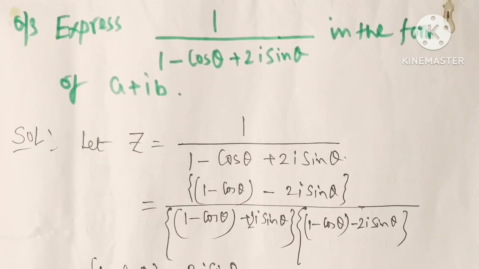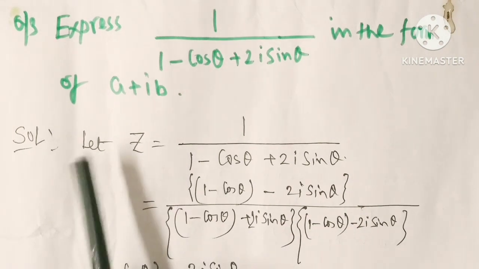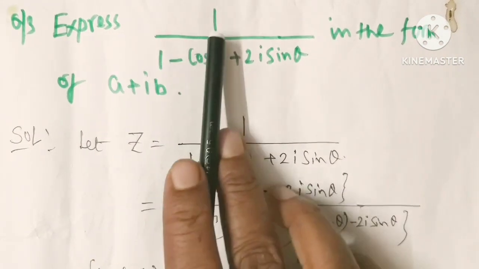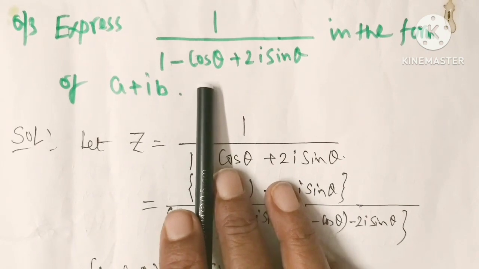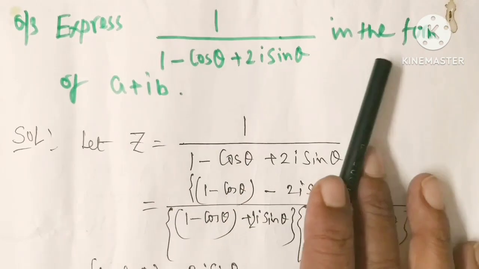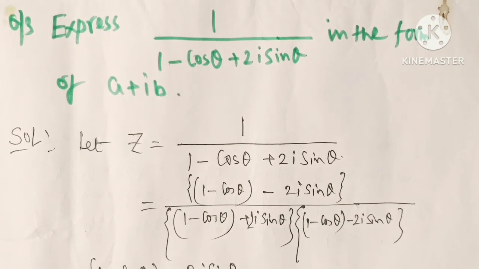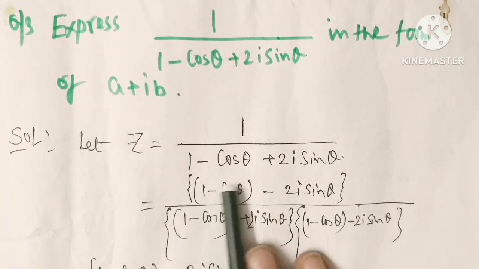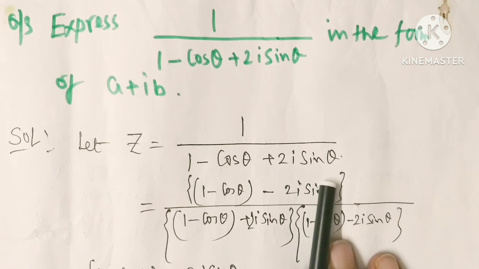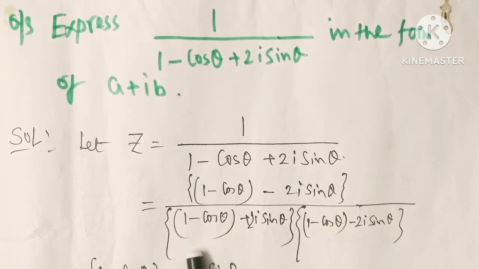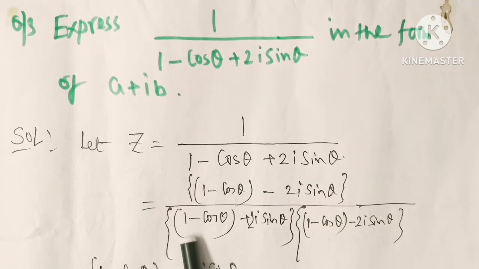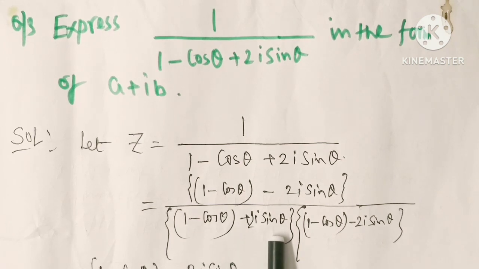Now we focus on the third problem. Express 1 by (1 minus cos theta plus 2i sin theta) in the form of a plus ib. Let z equal 1 by (1 minus cos theta plus 2i sin theta). By separation we make a bracket for 1 minus cos theta, and 2i sin theta will be the separated part, that is the imaginary part.